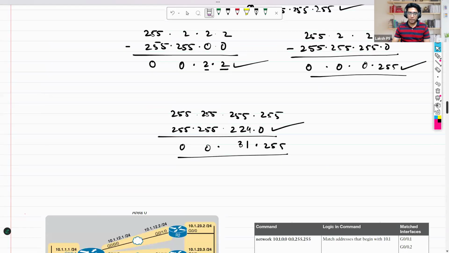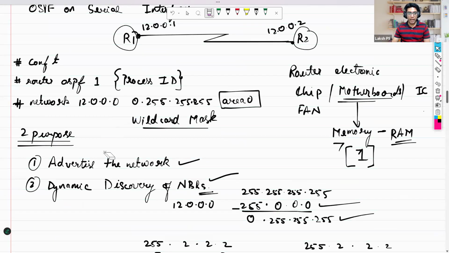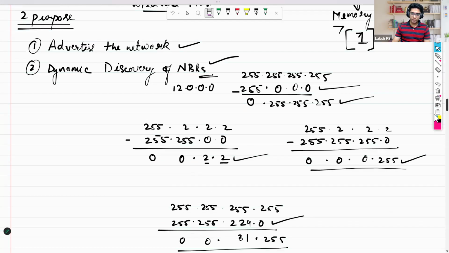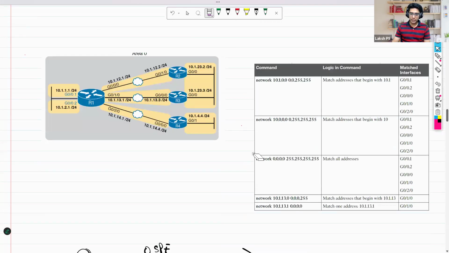If you remember, our understanding was to advertise that particular network. Let's understand this particular command to understand our scenario. The command over here is network 10.1.13.0 0.0.0.255.